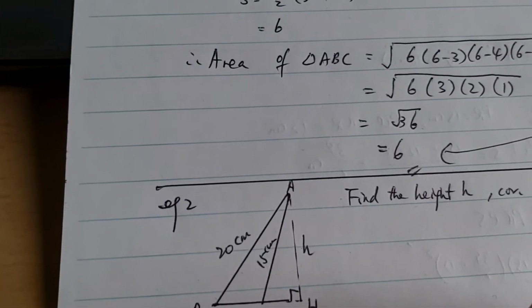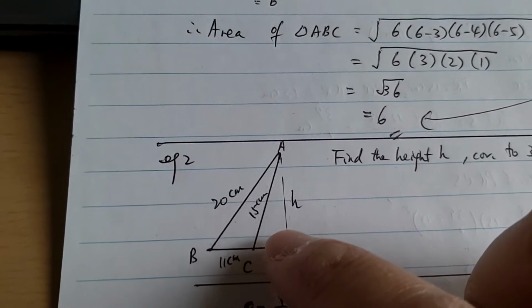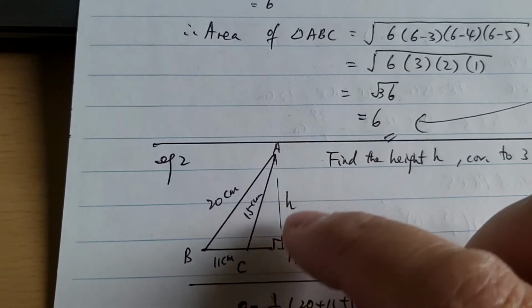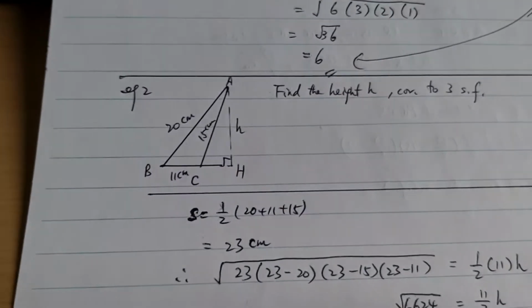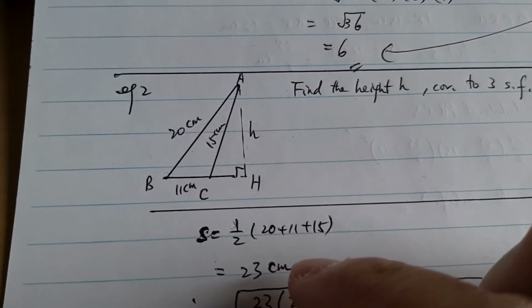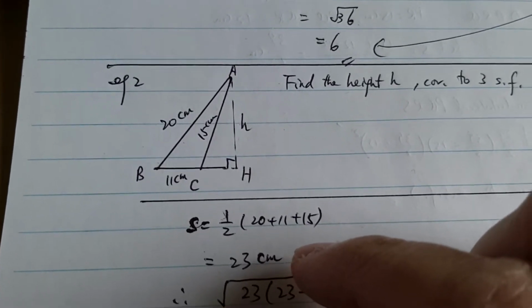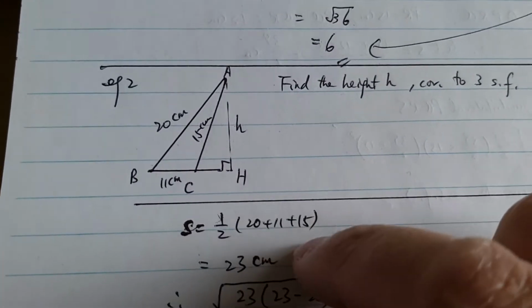In this case, you are given 3 sides, so we can use Heron's formula to find the area. On the other hand, we can use the height and base to find the area of this triangle. First of all, if we want to use Heron's formula, we have to find s, which is half of the perimeter. Therefore, we can use this to calculate the answer.